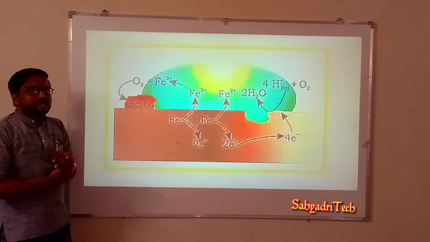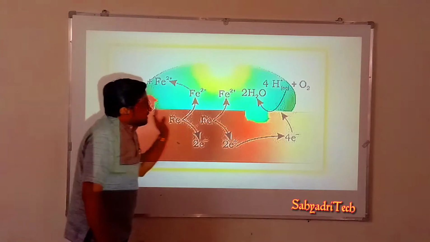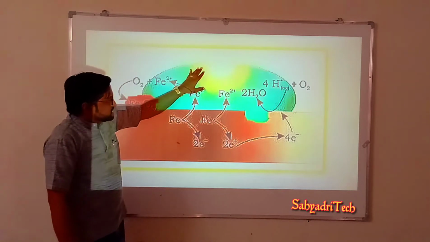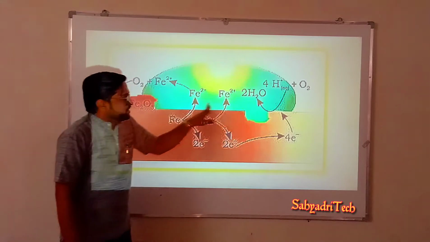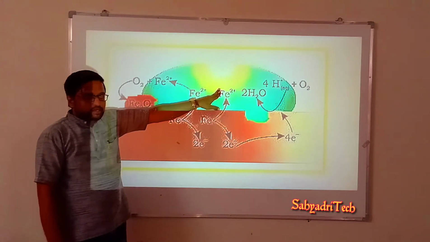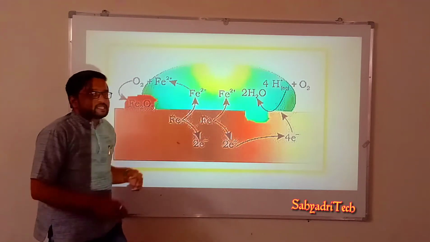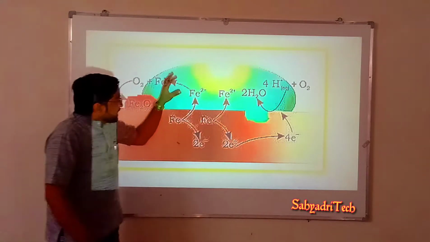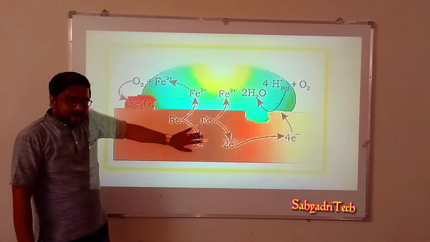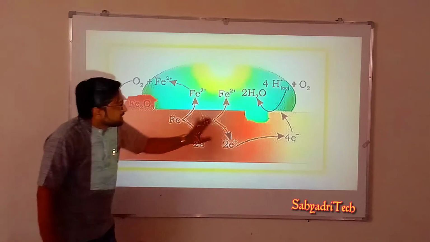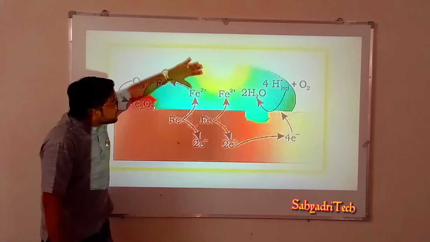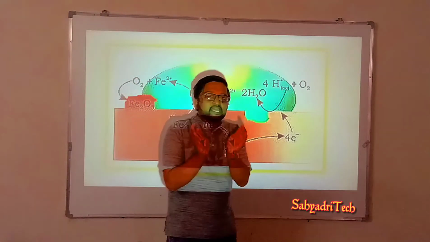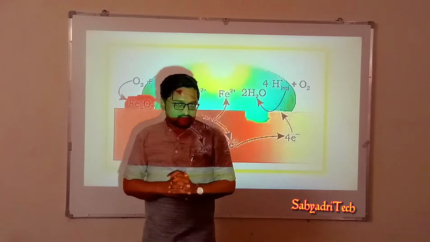So during rusting, what happens? This iron surface is in contact with the moisture. Say I consider a water droplet containing dissolved carbon dioxide and oxygen. When the iron surface containing pure part and impure part comes in contact with the moisture, it acts as a miniature electrochemical cell.